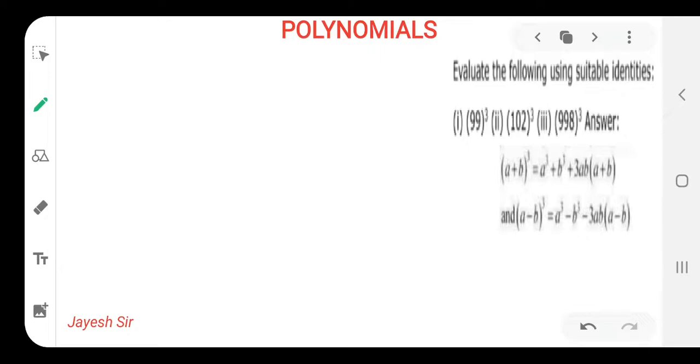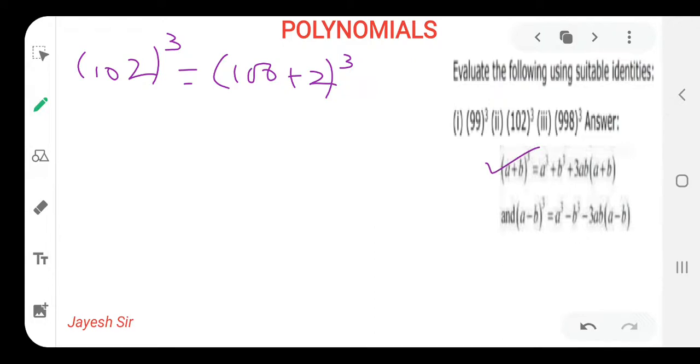So let's begin with the second sum for the day, that is 102 cube. So again we want two terms, that is (100 plus 2) cube. In this way we will get two terms. After that, the plus sign is there, that means we will use the first formula. I hope you all might be getting it. Now I'm directly comparing it and writing the value of A as 100, value of B as 2.